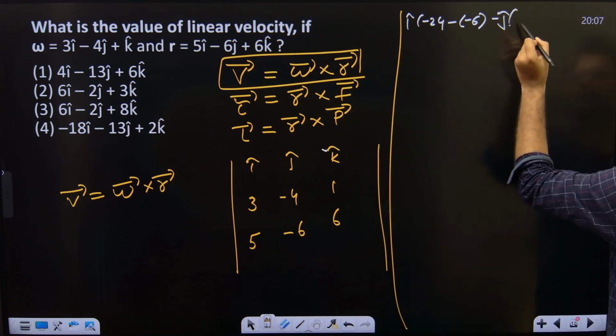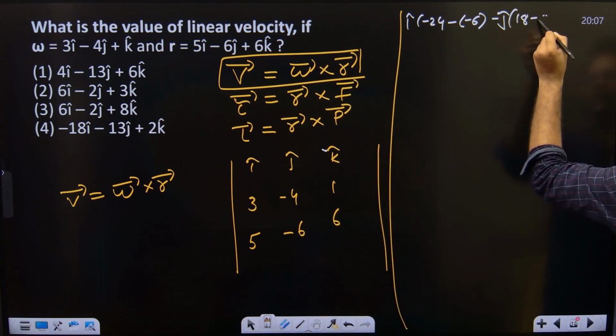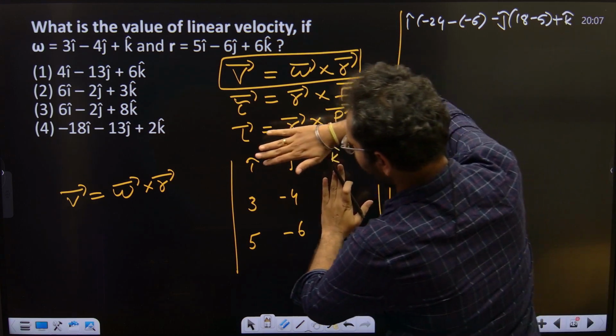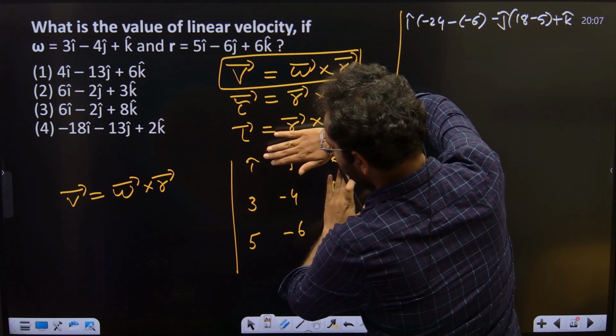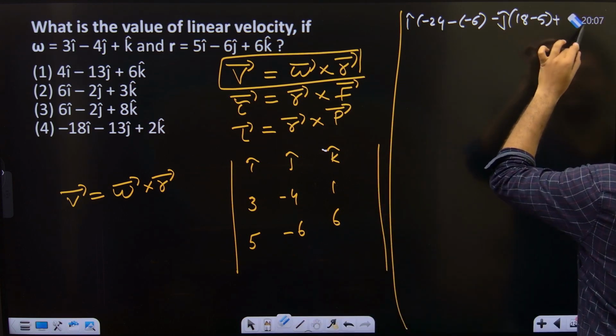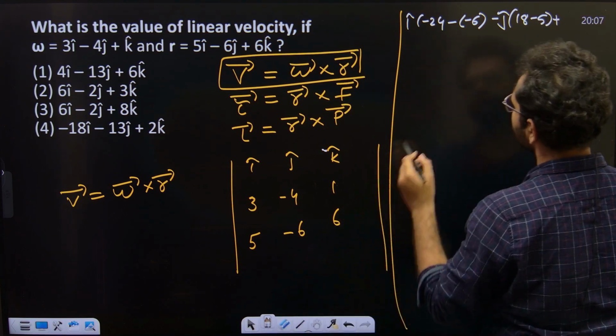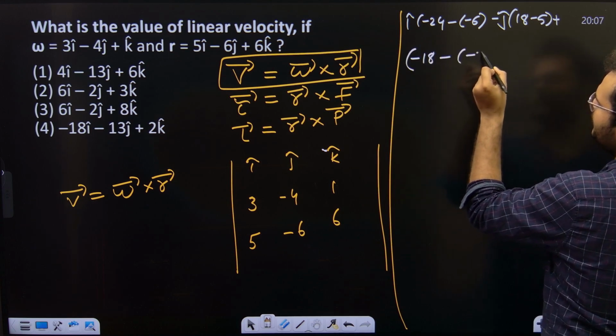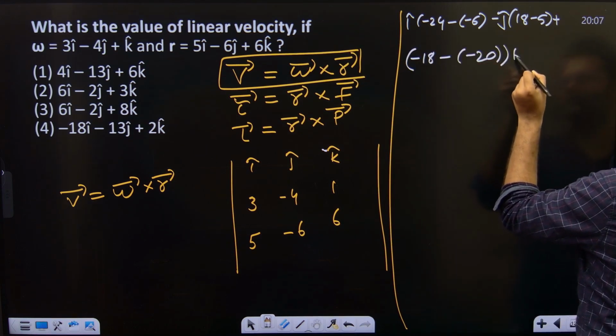So I will write 18 minus 5, and plus. In k cap, what will you write, sir? In k cap, minus 18 and minus 20. So here we will write k cap, minus 18 minus 20. This is k cap.